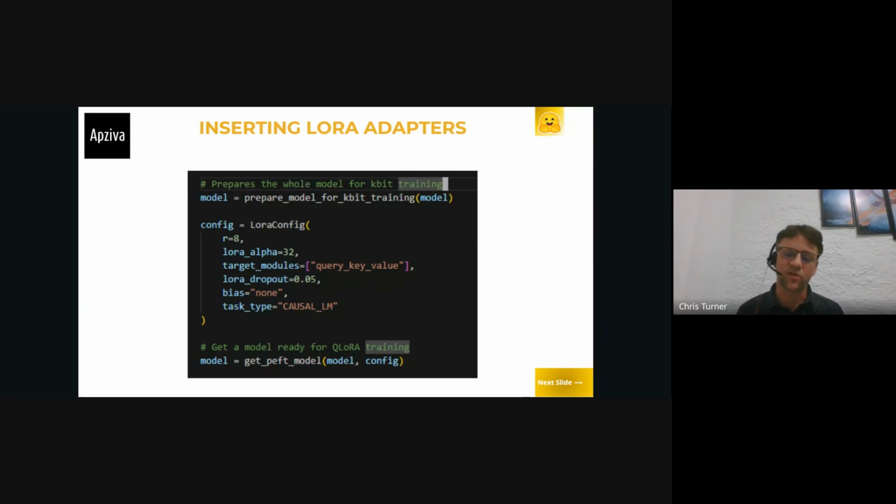The smaller the rank, the smaller the LoRA adapters will be and the less calculations your machine will need to do, but the less accurate the low rank estimation of your change in weights will be. So bigger r, bigger adapters, a better low rank estimation.